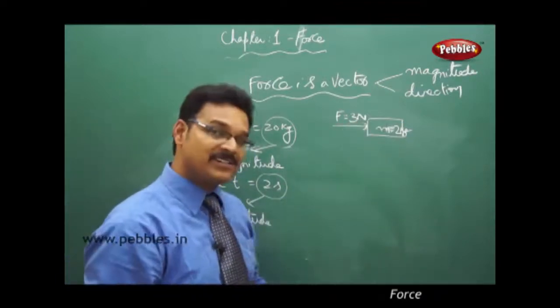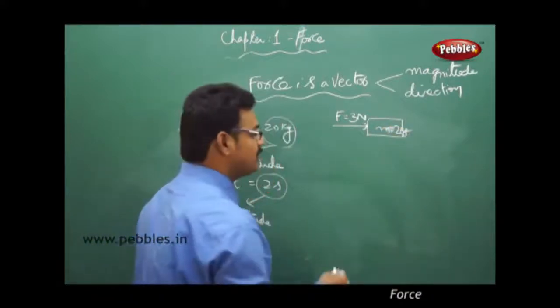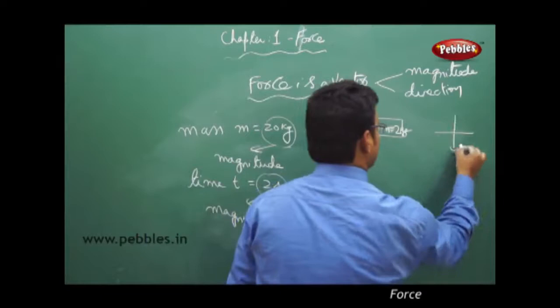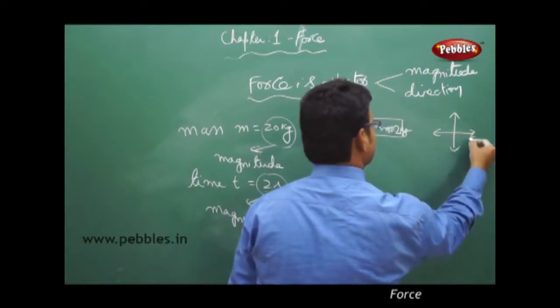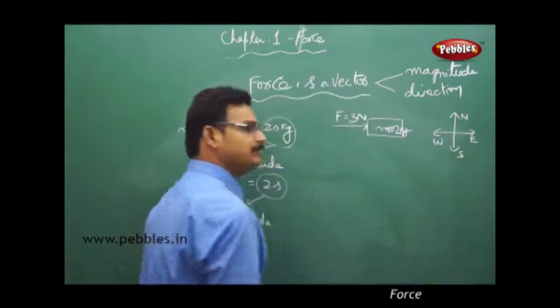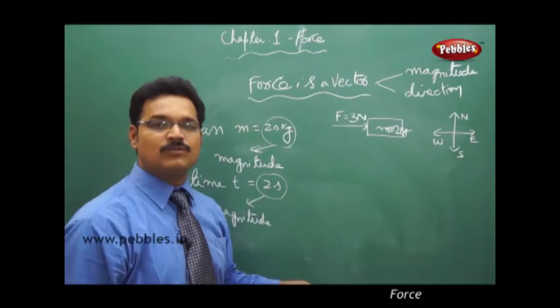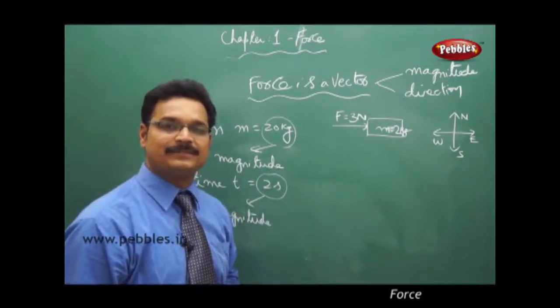Then what is the direction? Yes, the direction is towards right. Or else you can take the directions like east, west, north, south, and say that the force is acting towards east.